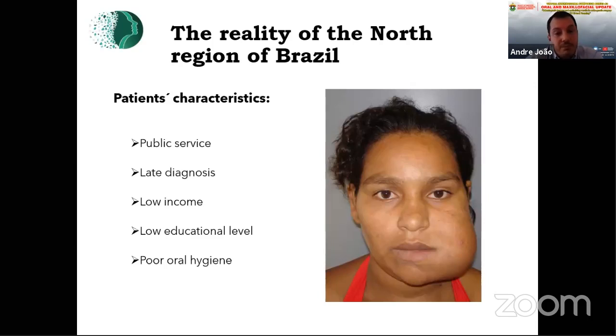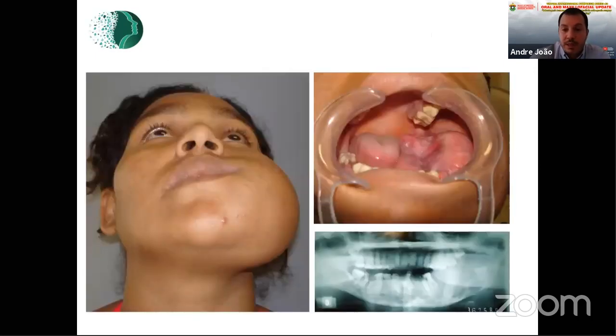They have low income, low educational level, poor oral hygiene. So it's poor people. And because of the difficulties that we face, we don't have anyone to help us with microvascular surgery. What remains, in these cases, is that we need to do radical surgery.